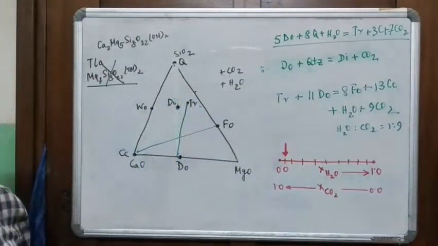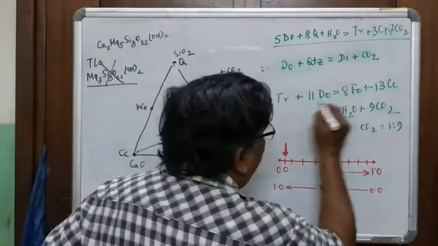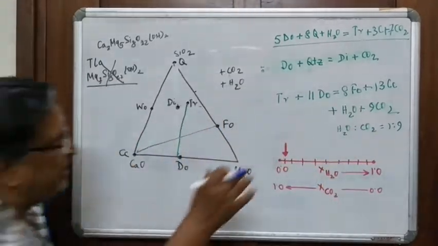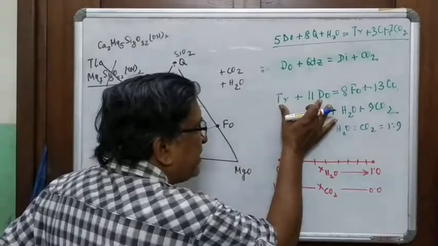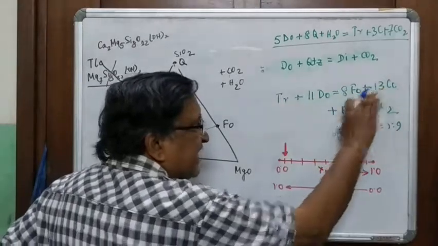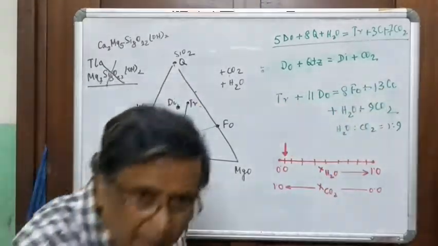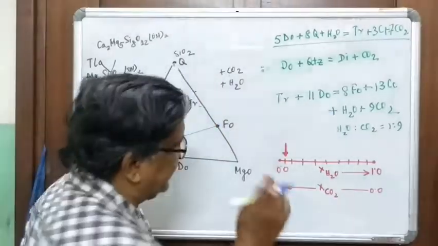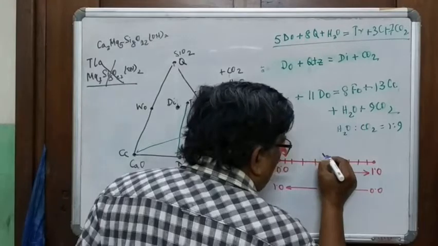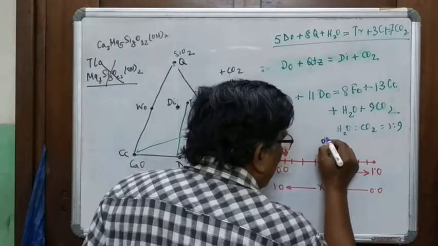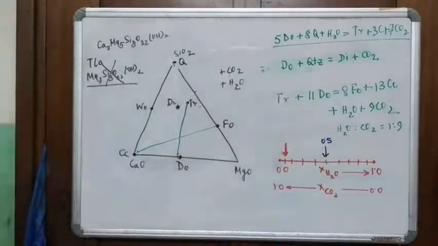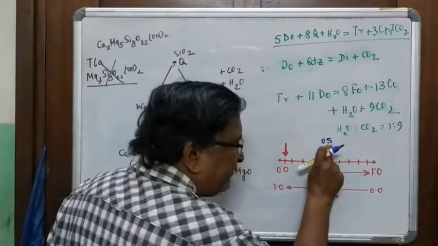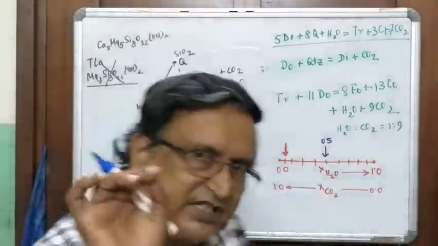Let's say that fluid that was there initially, where you had tremolite plus dolomite, and forsterite and calcite had not yet formed. Let's say the fluid composition was 0.5. That means in that fluid, XH2O was 0.5 and XCO2 was 0.5.